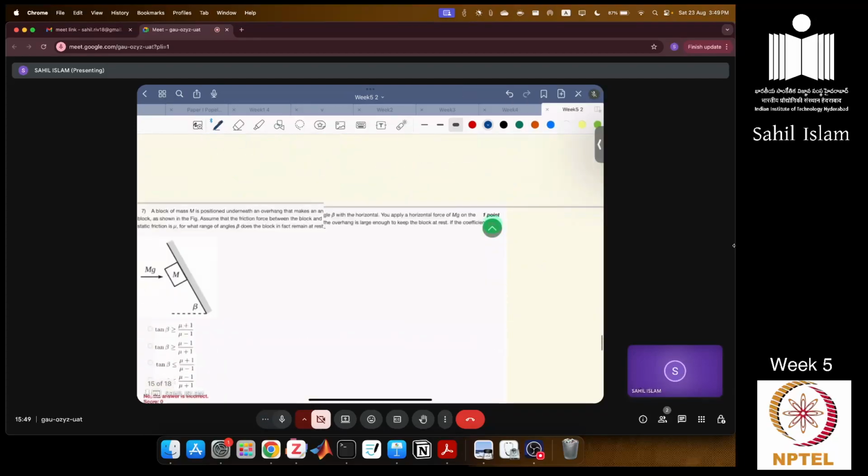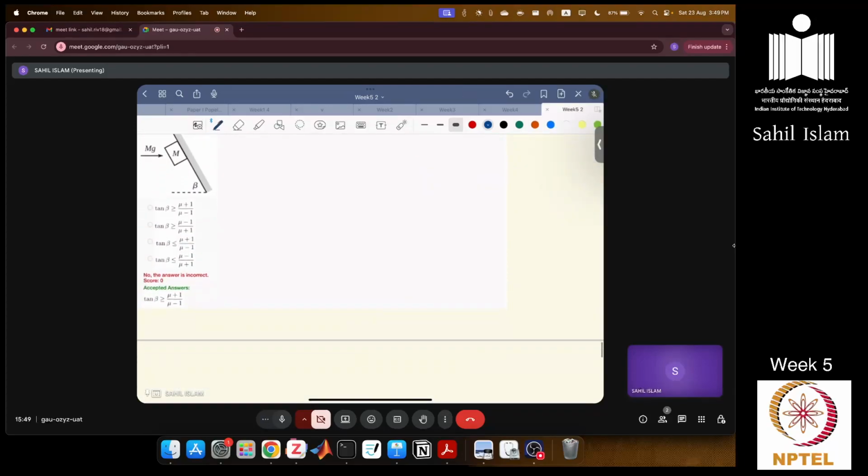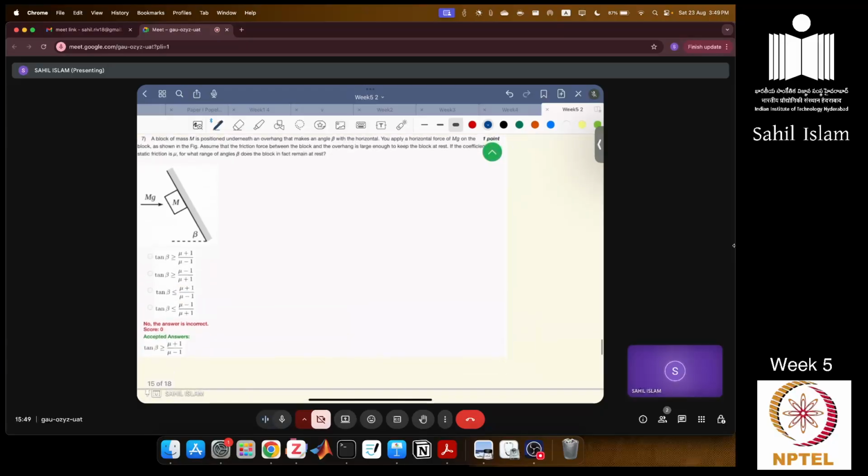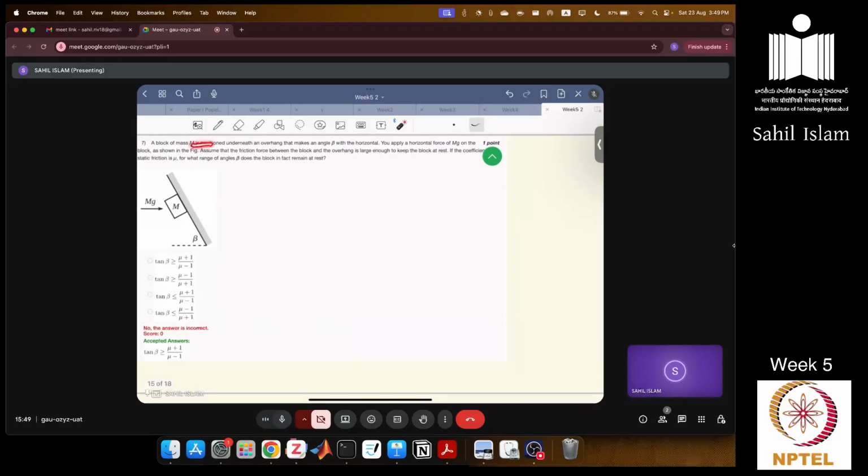Okay, so let's go to the next question. It says a block of mass m is positioned underneath an overhang that makes an angle beta with the horizontal.